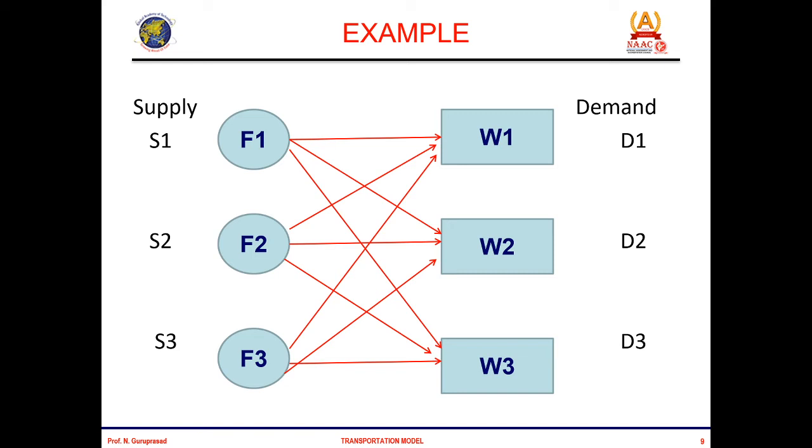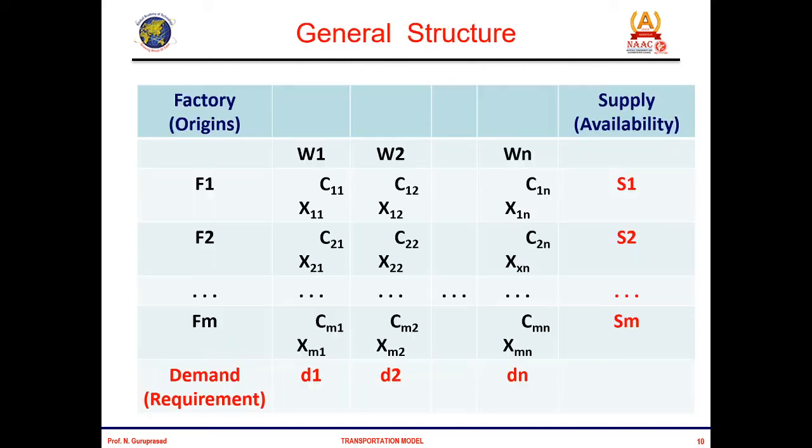So the total supply is S1 plus S2 plus S3 and the total demand is D1 plus D2 plus D3. When the total supply is equal to the total demand, such a transportation problem is called a balanced transportation problem. I repeat, when total supply is equal to the total demand, the transportation problem is termed a balanced transportation problem.